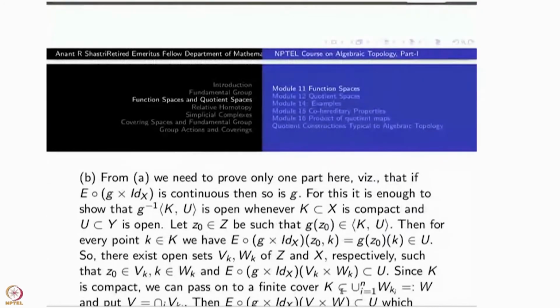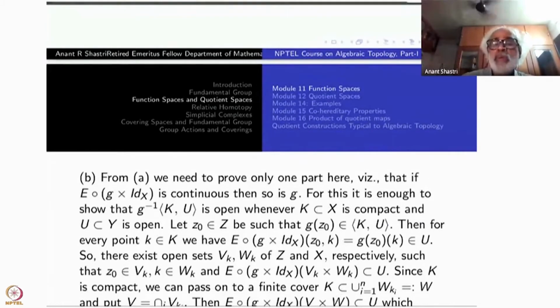Now let us go to B. From A, we need to prove only one part because we have already proved E is continuous. If G is continuous, G cross identity will be continuous, and composing with E will be continuous. So only the converse part we have to prove. Suppose this is continuous, then we have to show that G is continuous.